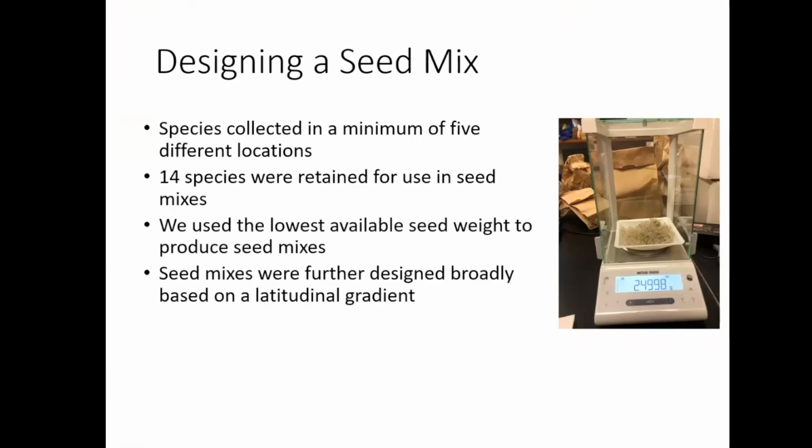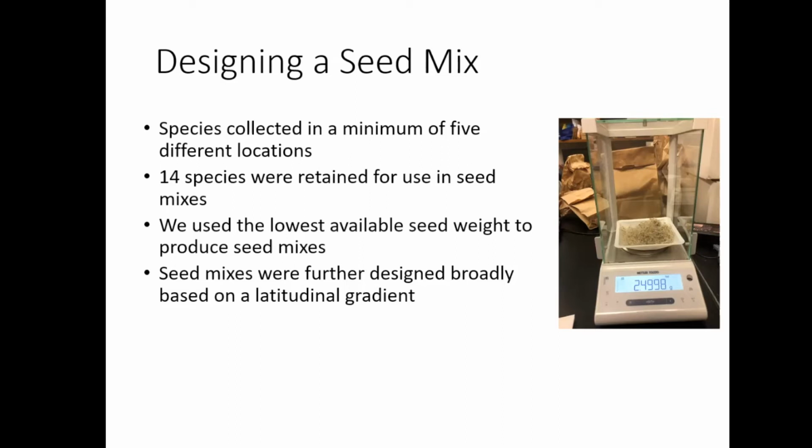So in designing my seed mixes, again, I want to look at a single source mix versus multiple source mixes. Species had to be collected from a minimum of 5 different locations, so I could have 5 single source mixes versus a multiple source mix, which includes seed from all of those 5. From the 26 species, we retained 14 for use in our seed mixes.